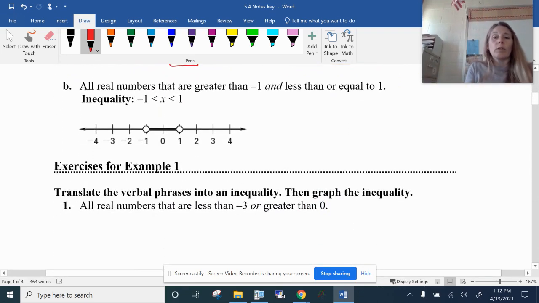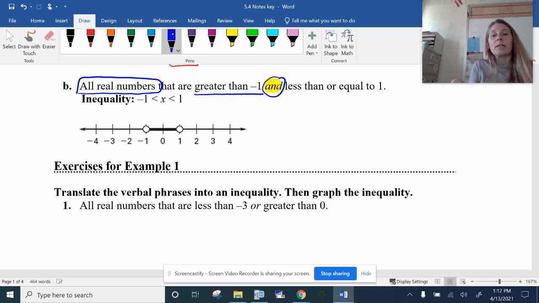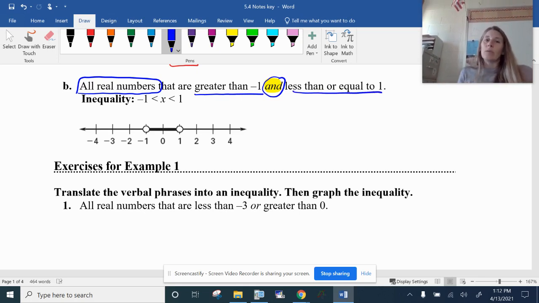Okay, so here's another one. Now this time we're going to look at an and problem. Okay, so again, it says all real numbers, so we know that that's just telling us that we have a variable, x, greater than -1 and less than or equal to 1. So when I set these up, I do it a little bit differently because as soon as you see the word and, you know you're going to have an x in the middle.